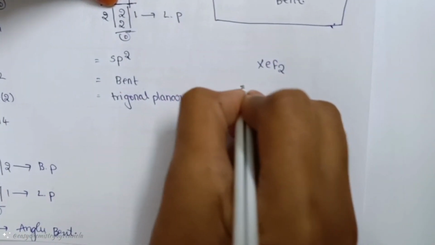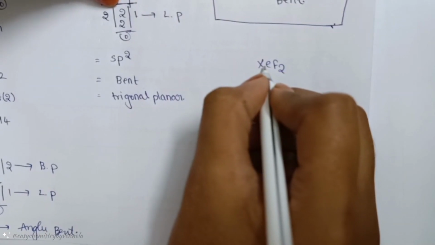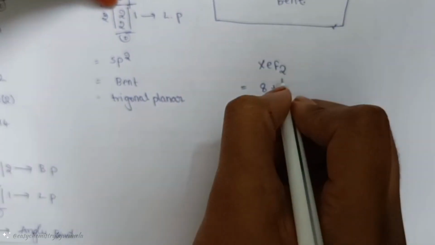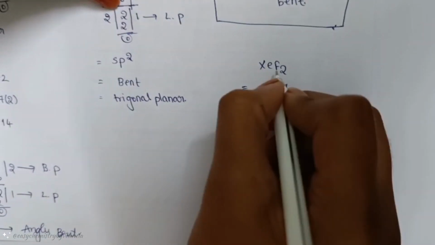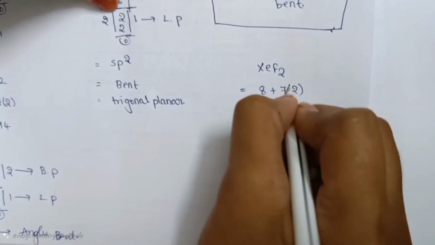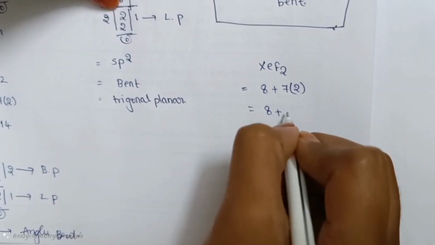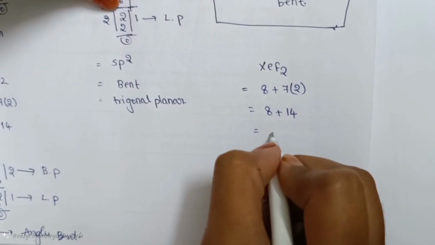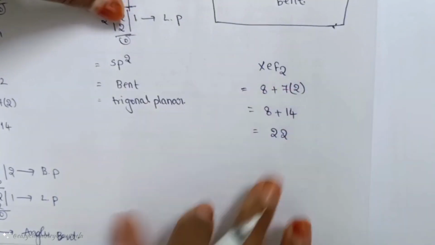Next one is XeF2. What is the xenon group number? 8 plus fluorine group number 7. 7 into how many fluorines are there? 2. So 8 plus 14, 22.